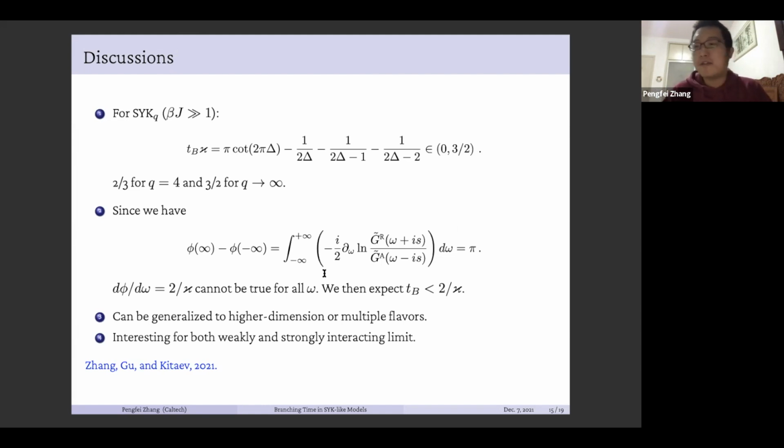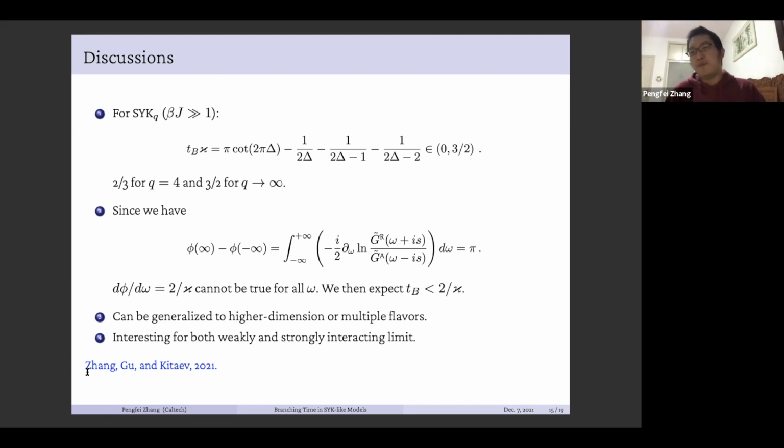Such a relation serves as a sum rule for the phase winding of the retarded Green's function. As a result, such a bound for the phase winding will not be saturated for all frequencies omega. So generally, we expect the branching time will be smaller than 2 over the Lyapunov exponent.